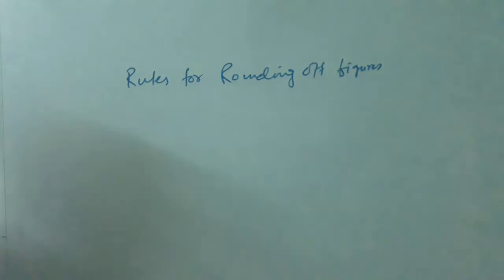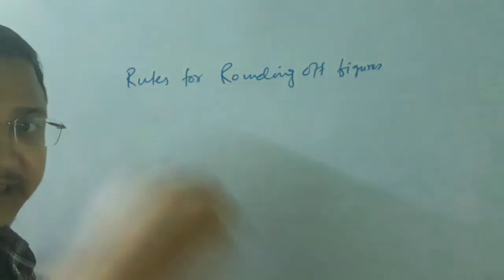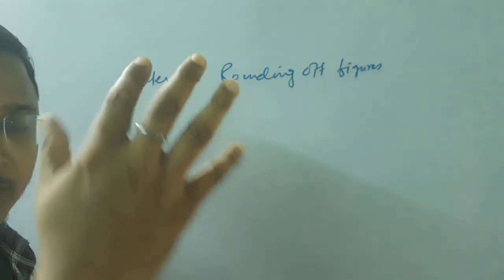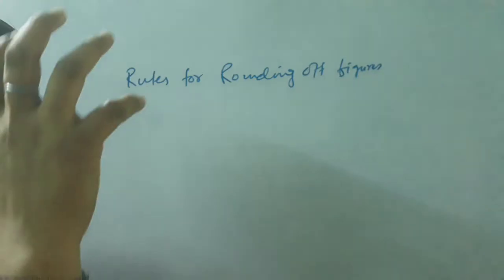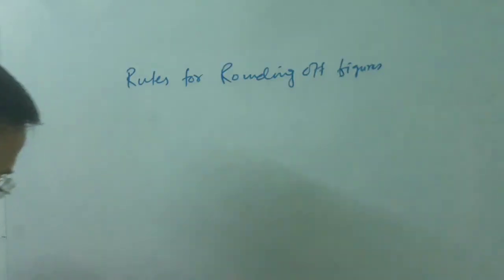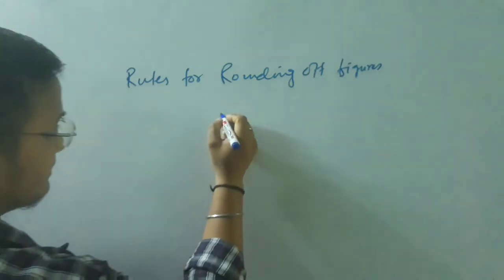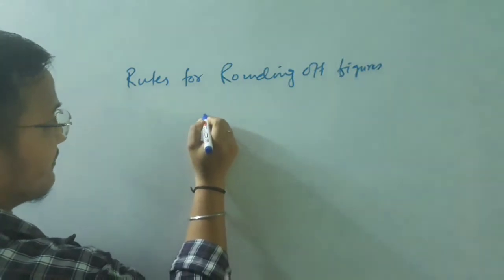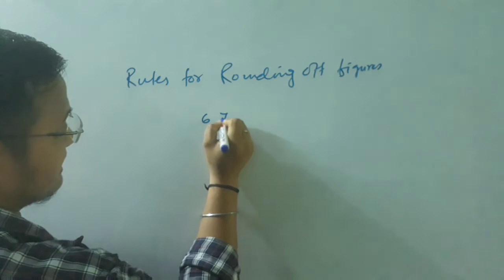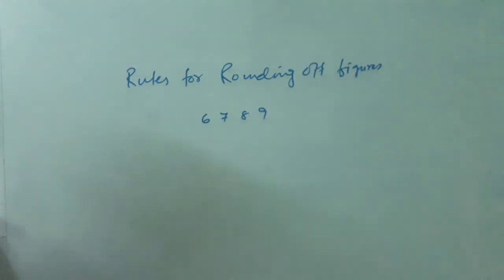Now it's very simple, guys. We have to keep the number 5 as a basis. Clear? So the eliminating number can be greater than 5, less than 5, or it can be 5. So what exactly happens here? Consider a number greater than 5, that means 6, 7, 8, 9, right?